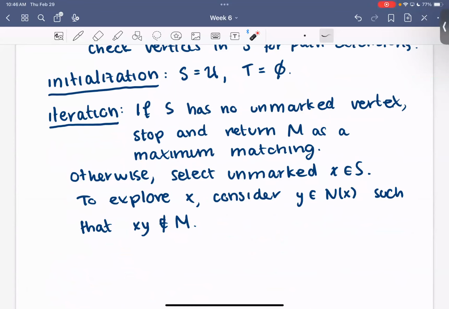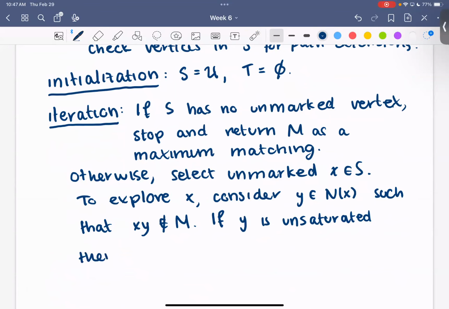If Y is unsaturated, because I also want to be able to exit via a red edge, then I'm gonna terminate and report.